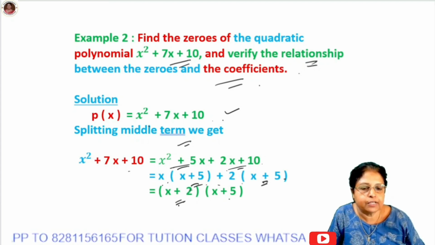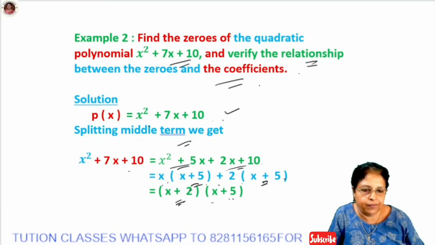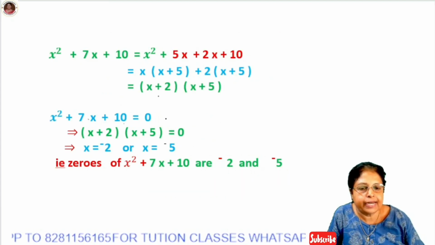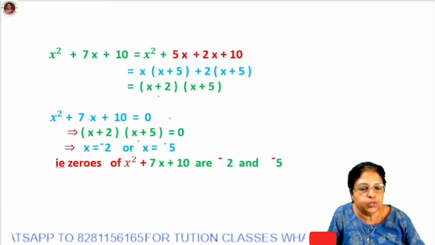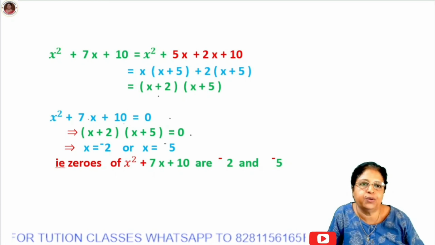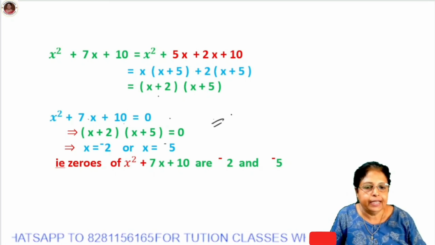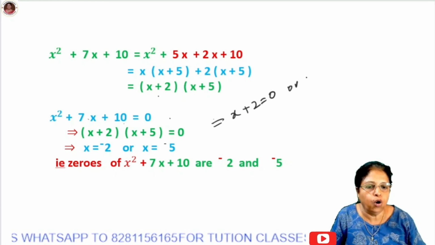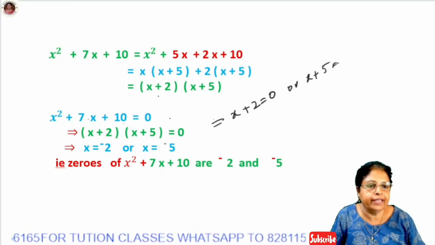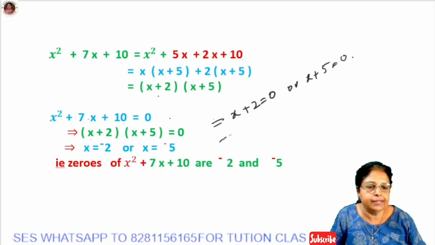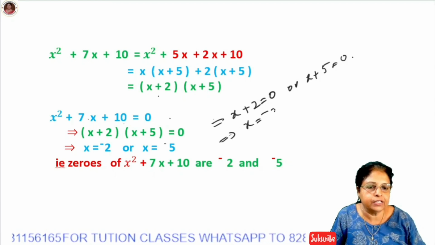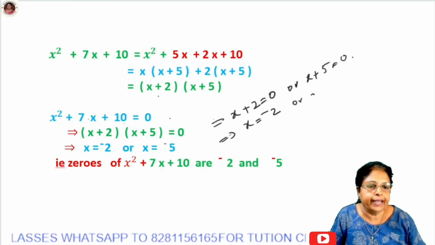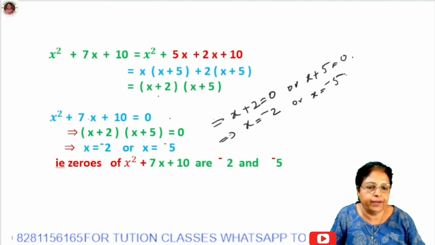You are getting x plus 2 times x plus 5. Then x squared plus 7x plus 10 equal to 0 means x plus 2 times x plus 5 equal to 0. Here we can see x plus 2 equal to 0 or x plus 5 equal to 0. That means x equals minus 2 or x equals minus 5.